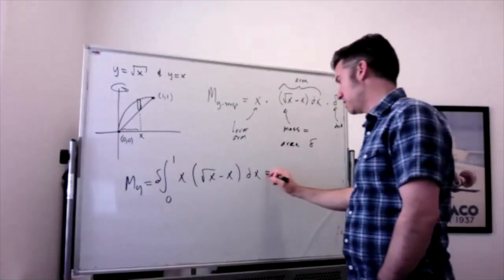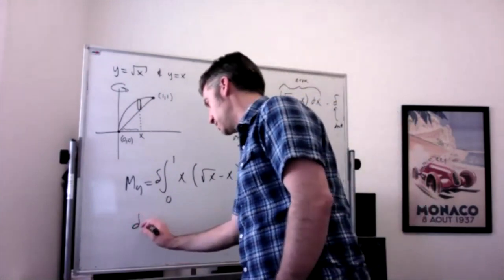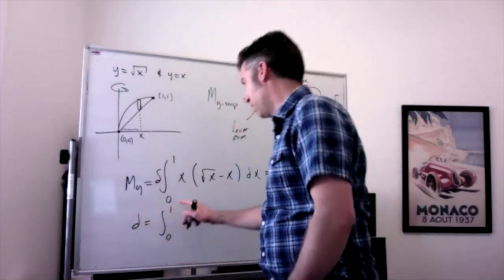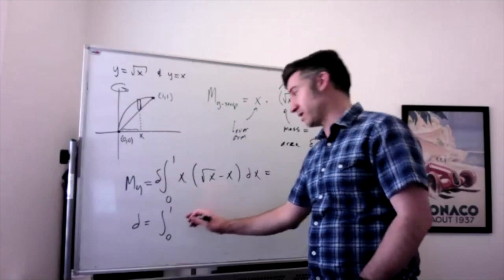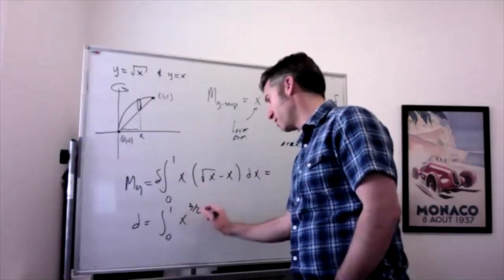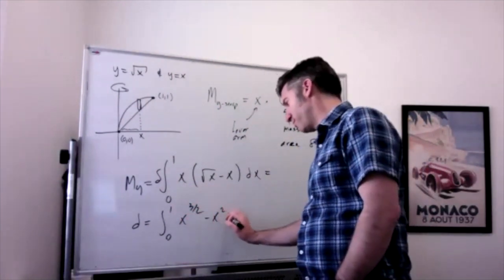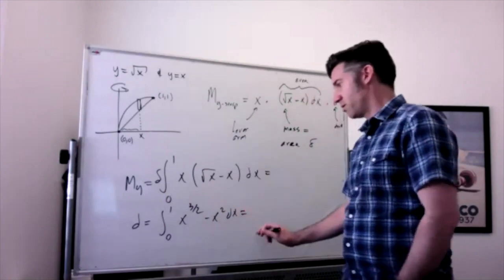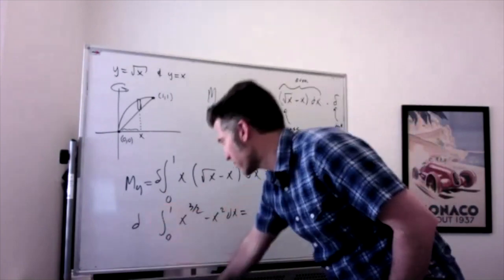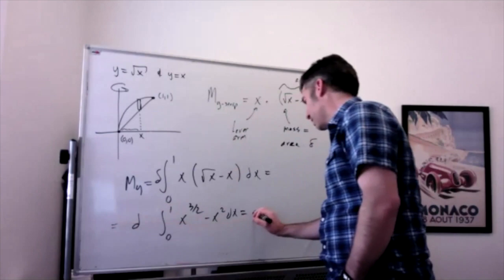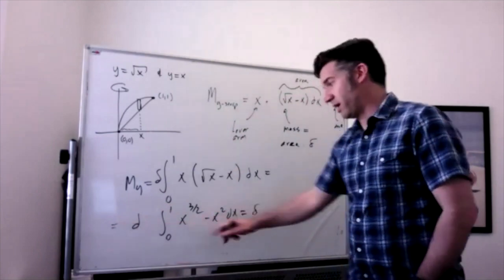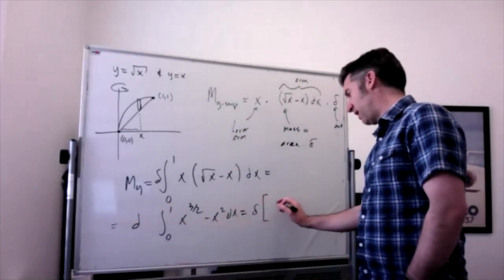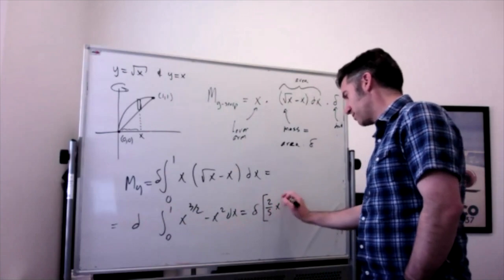We can calculate this. It's going to be density times the integral from 0 to 1. X times x to the 1/2 is x to the 3/2. X times x is x squared. We integrate. We get our density times x to the 3/2 integrated is x to the 5/2 times 2/5.